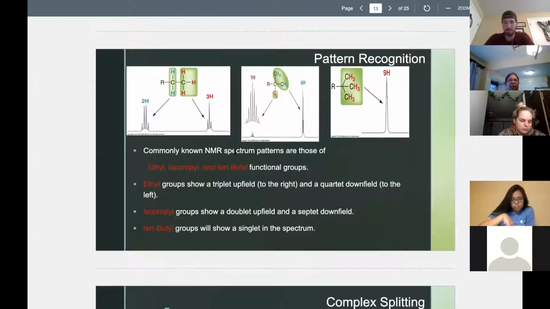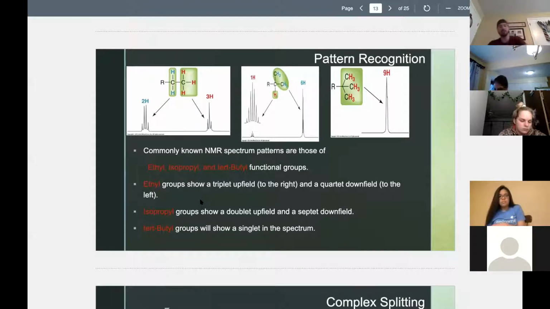Now, this is very important because you can tell if your compound has a CH2 and CH3 next to each other, which is an ethyl, or does it have an isopropyl or tert-butyl? So this is very useful, just like the aldehyde and the OH chemical shifts. So the ethyl group, if you look at the first picture here, will show a triplet upfield, which is to the right, and a quartet downfield, which is to the left.